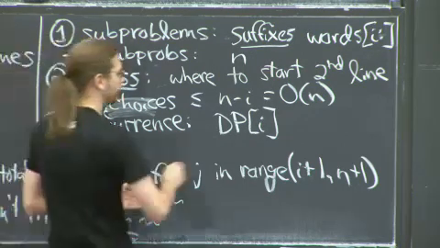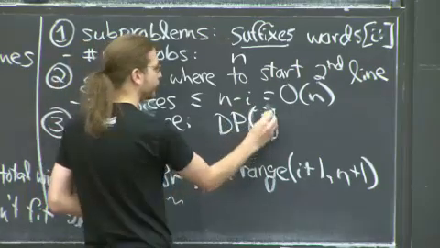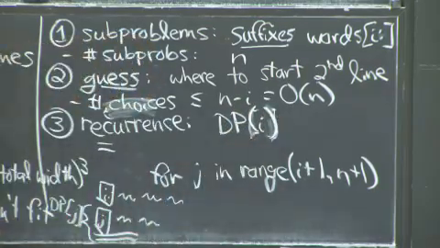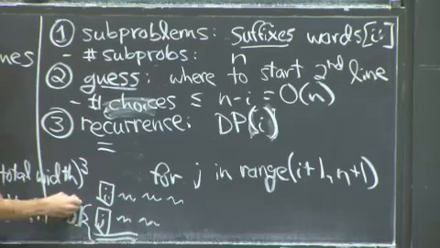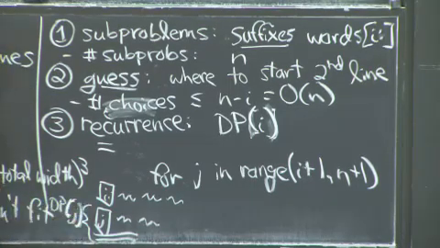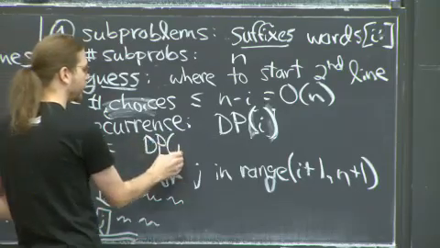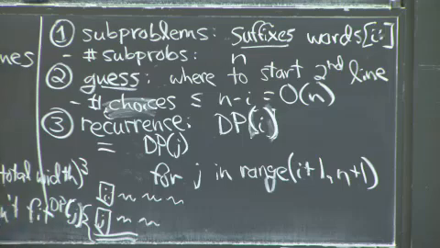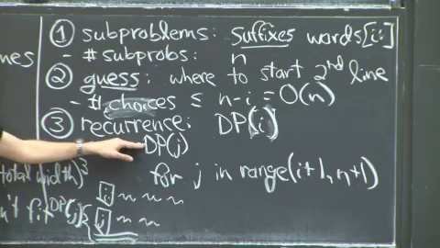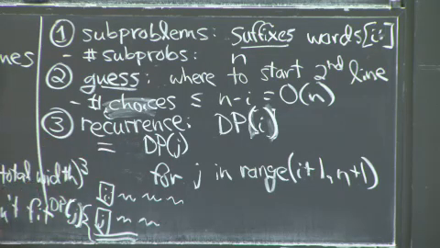I guess if I'm doing recursion, I should use parentheses instead of brackets. But if you're doing it bottom up, it would be square brackets. So that's just dp of j. That's the cost of the rest of the problem. And I can assume that that's free to compute. This is the magic of dynamic programming.